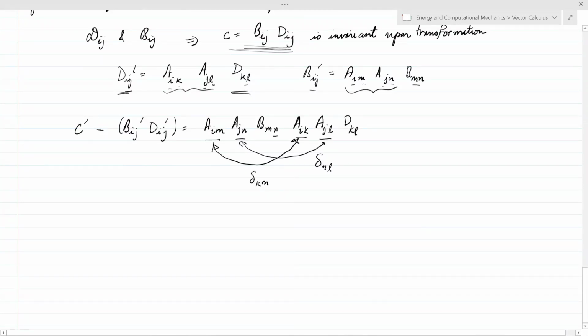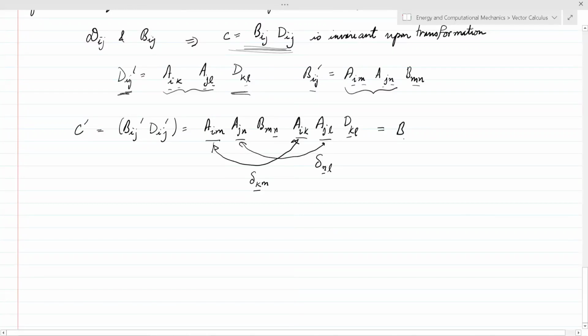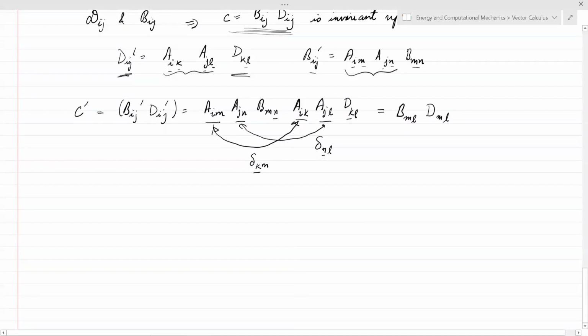Now N is repeated here and here, and the K is repeated here and here. So I can collapse them. So again, you can see here this N repeats there. So then I get B, M, L, and I get D, M, L.